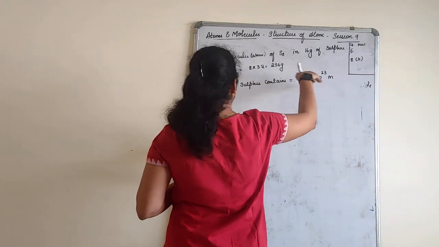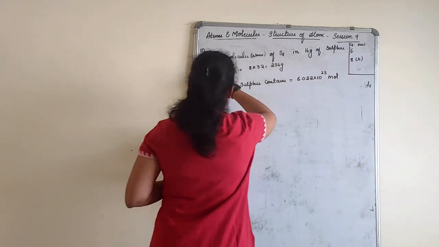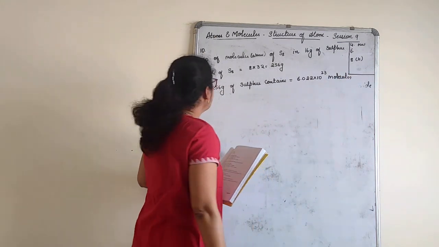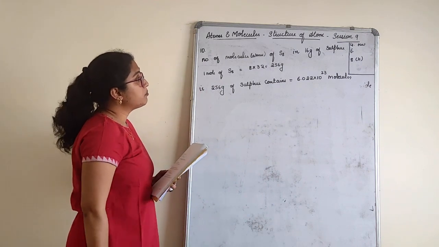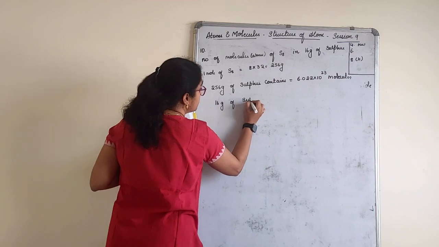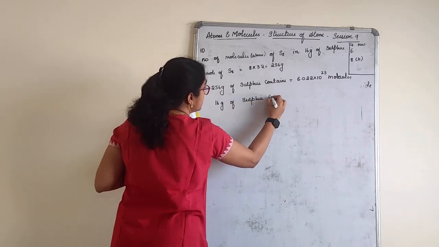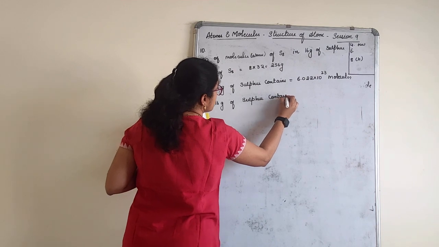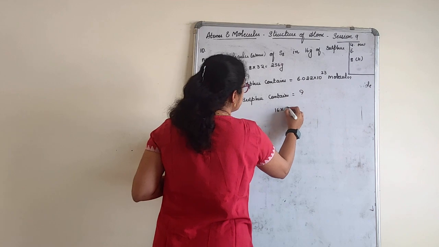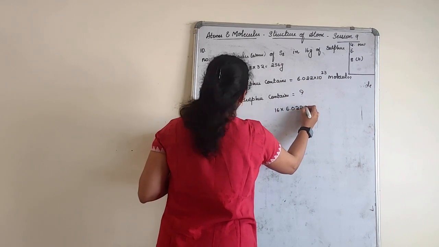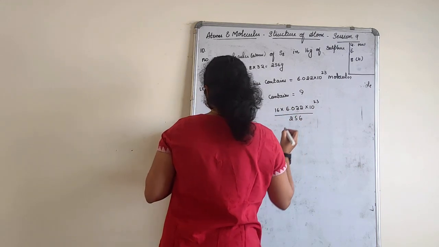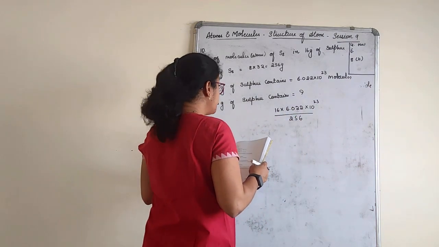Same thing what we wrote here, we are repeating in terms of equation form. 256 grams of sulfur contains those many molecules. 16 grams of sulfur contains how many molecules? So if you cross multiply, 16 into 6.022 into 10 raised to 23 divided by 256, right?